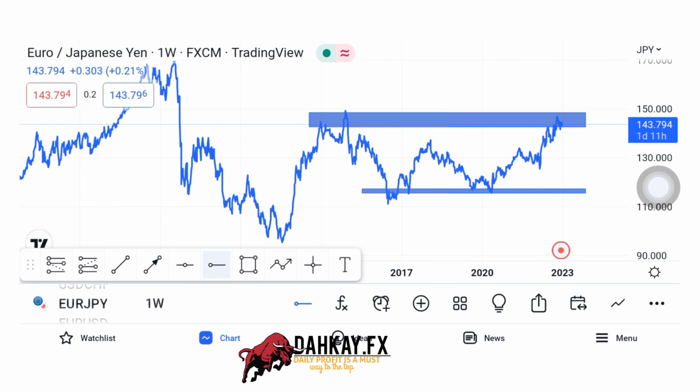We can see we had another support which seemed to turn into resistance on some movements. In fact, it began all the way from here.